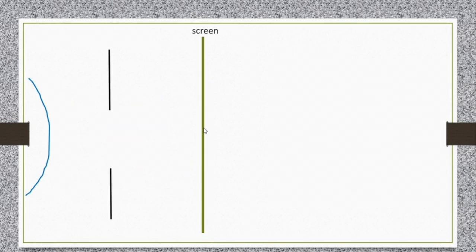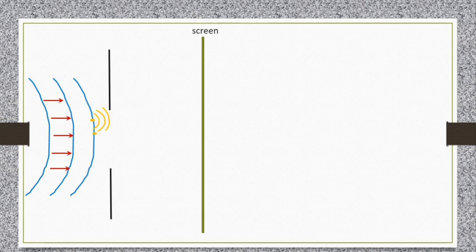If we have a wave incident on a single slit, every point is the source of another wave. So this point is going to start spreading out, this point, this point, this point. When we have a single slit, we really have many sources of wave here.